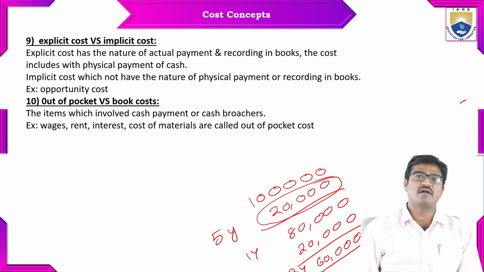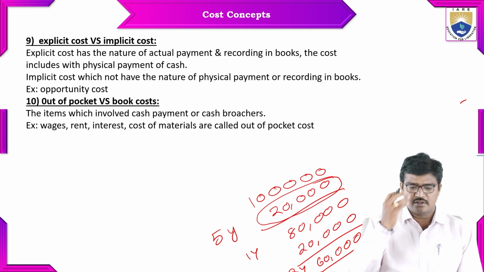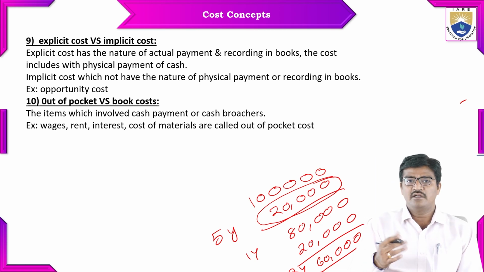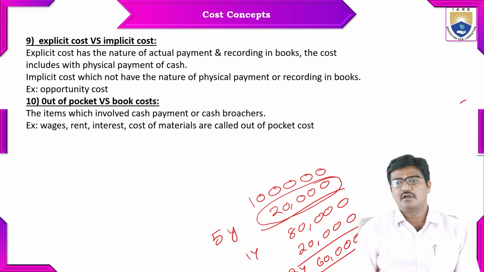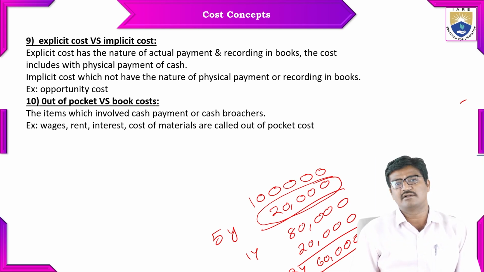And out of pocket costs have the feature of physical payment, but these are not going to be recorded in the books of accounts. For example, to get some sort of permission, you are about to give a bribe to another person.